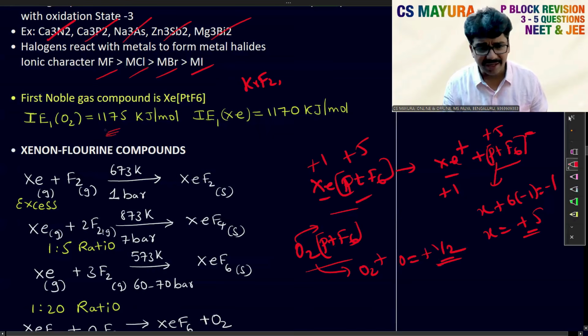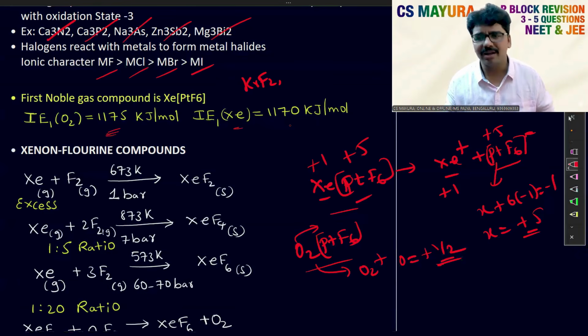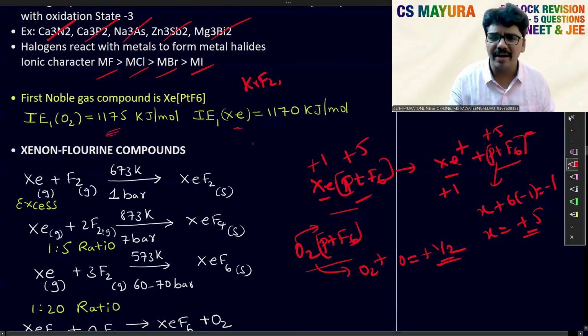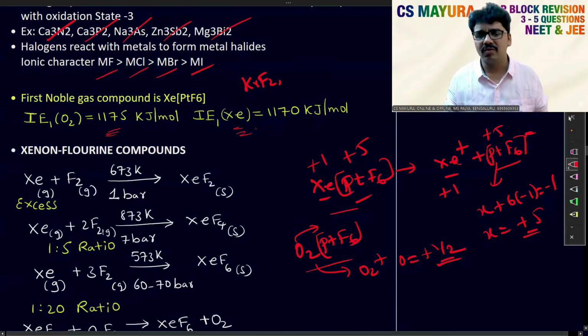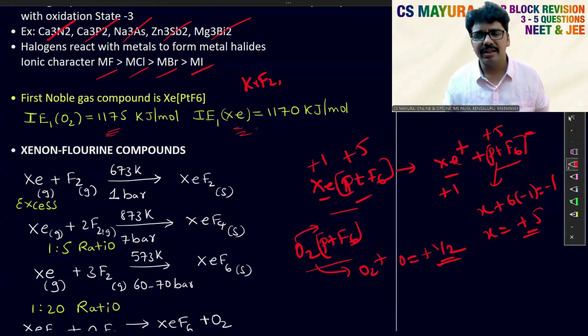If we compare this with the xenon ionization enthalpy, oxygen is 1175 and xenon is 1170. So when oxygen, with a higher ionization enthalpy, gives a complex compound, why not xenon? Both have nearly the same ionization enthalpies. Oxygen compounds are there, but why is there no xenon compound?